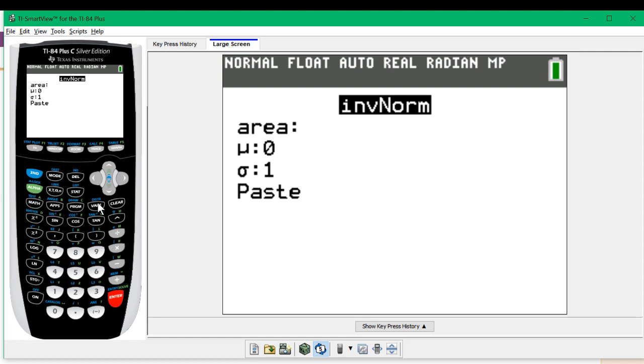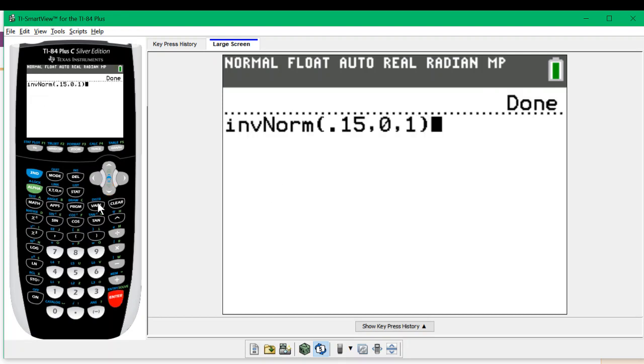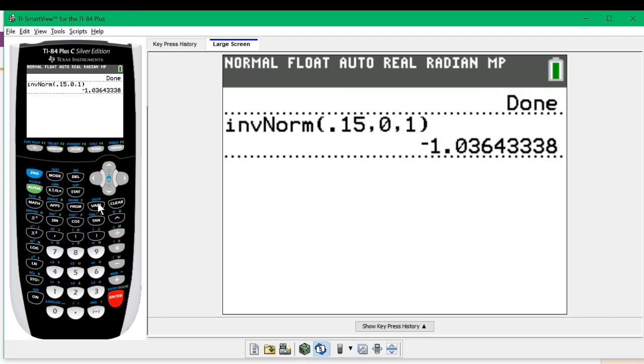The left tail is 0.15, the right tail is 0.15. The central area is 0.7, that adds up to 1. And that gets you 1.036. So either way is good.